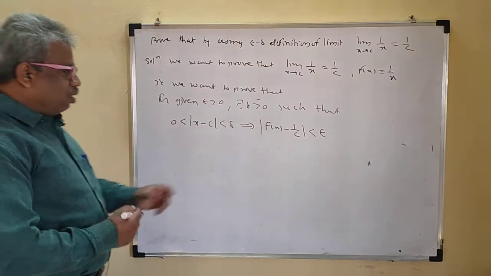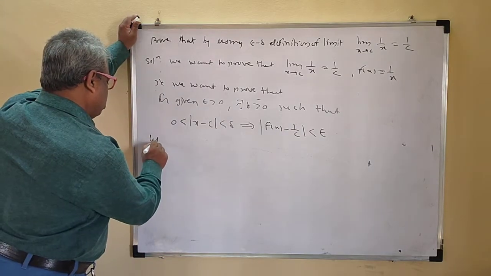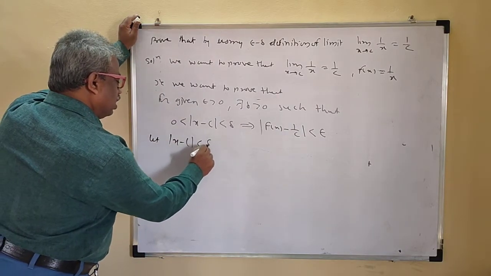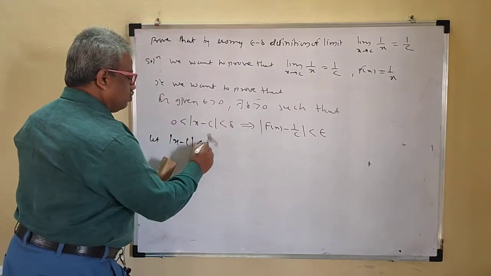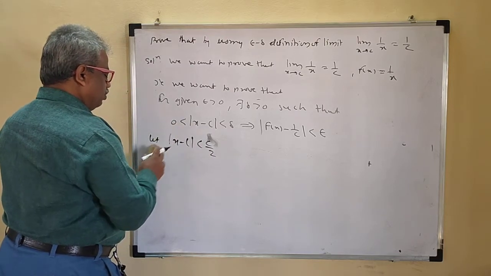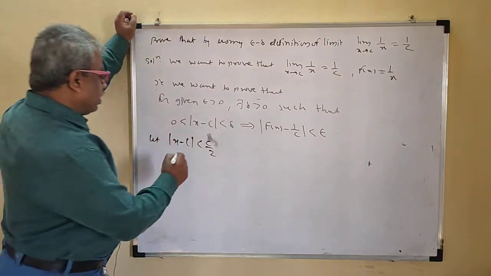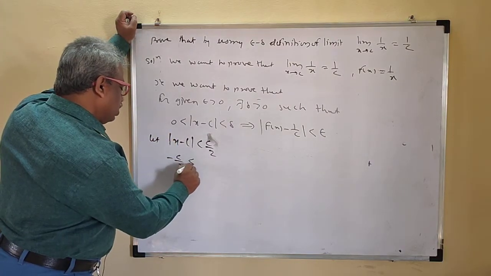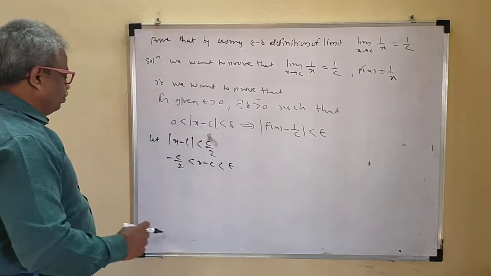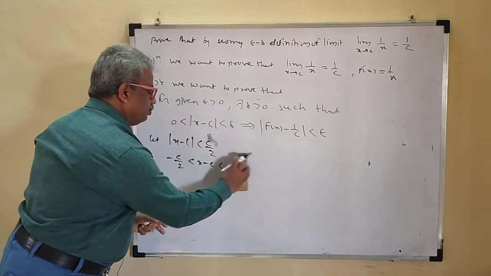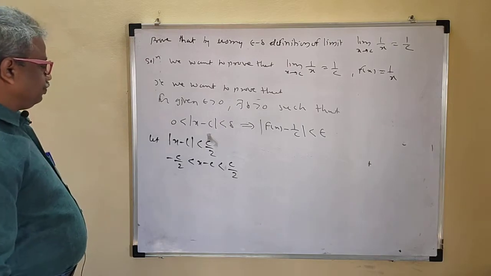Now we have to take mod of f of x minus 1 upon c less than epsilon. So what we do? Let mod of x minus c be less than c by 2. We'll assume this. Then we know that minus c by 2 is less than x minus c is less than c by 2.